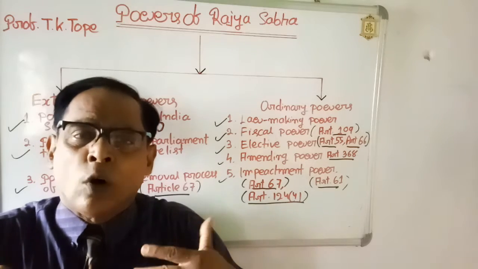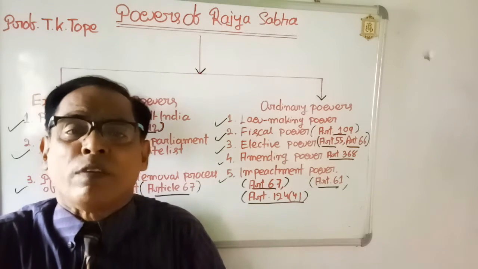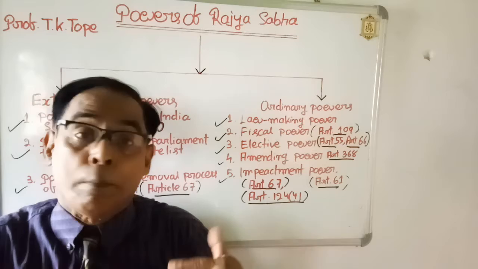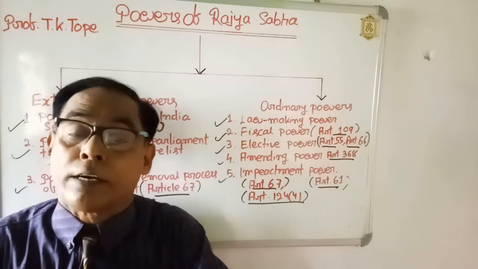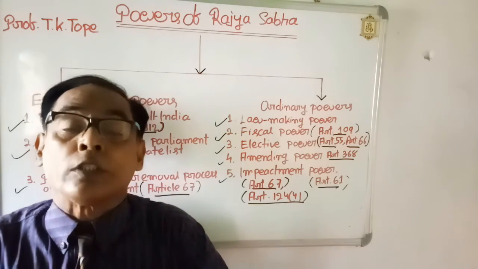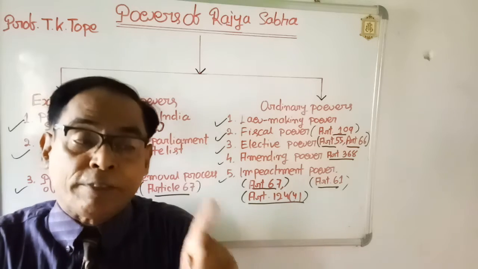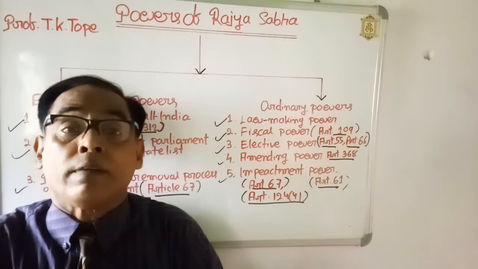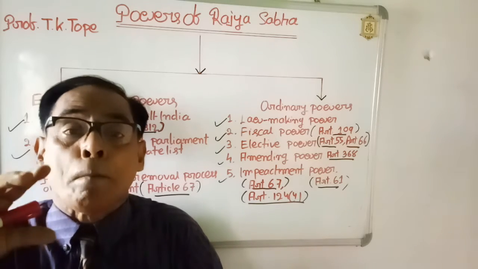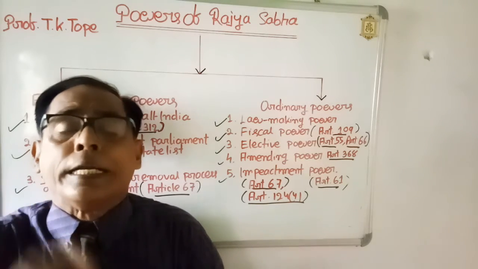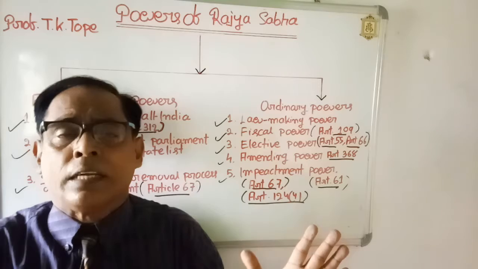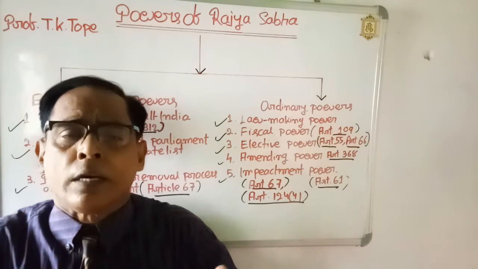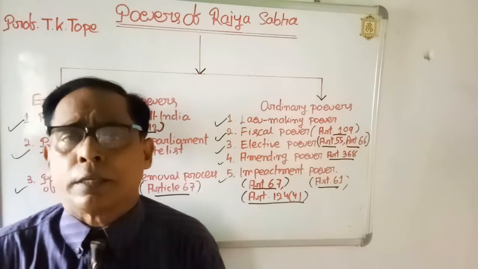It has only the power to delay a money bill for 14 days, and the money bill cannot be introduced in the Rajya Sabha. It will be introduced in the Lok Sabha. Except this, Rajya Sabha does not have any power in the monetary sphere.